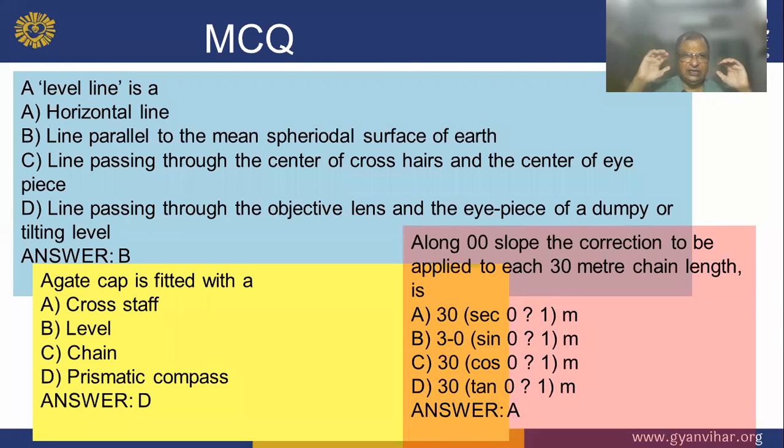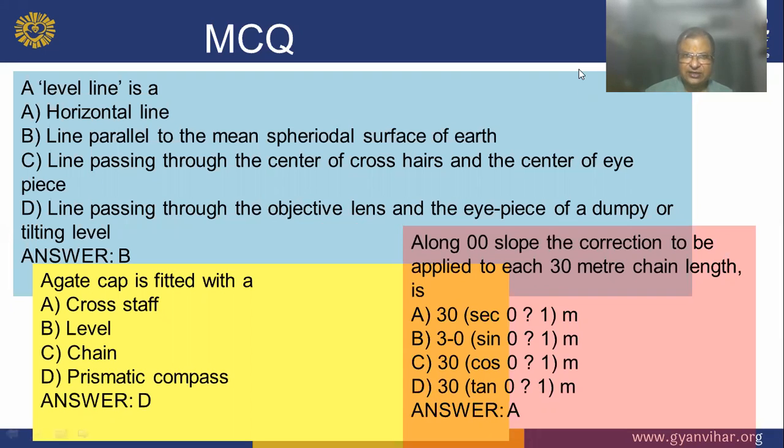Now, a level line is a horizontal line or a parallel line. What is the correct answer? Correct answer is B, line parallel. How?